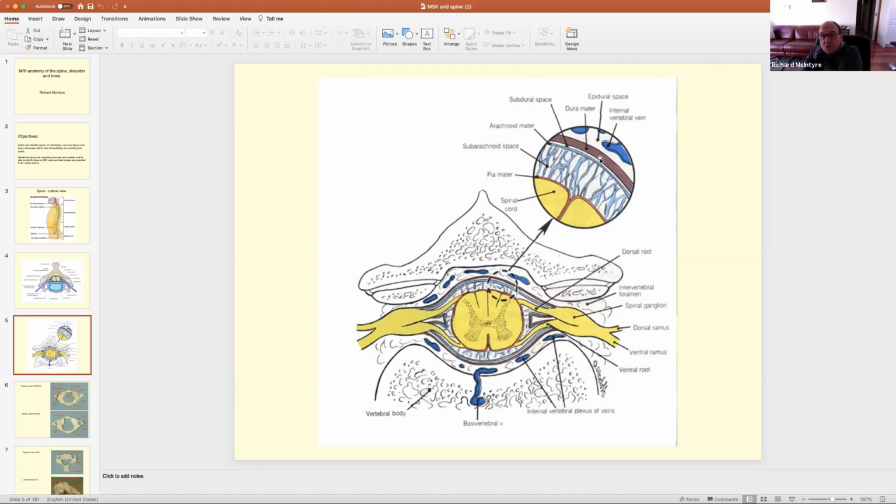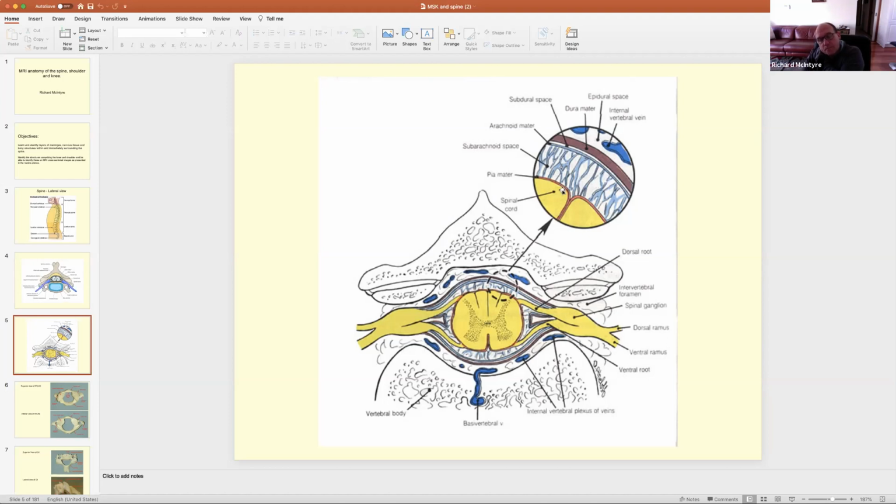So the dura mater covers pretty much the structures. The space outside of it is the epidural space, epi meaning around, and subdural is inside. We've got the arachnoid mater, and the subarachnoid space where we see the CSF.